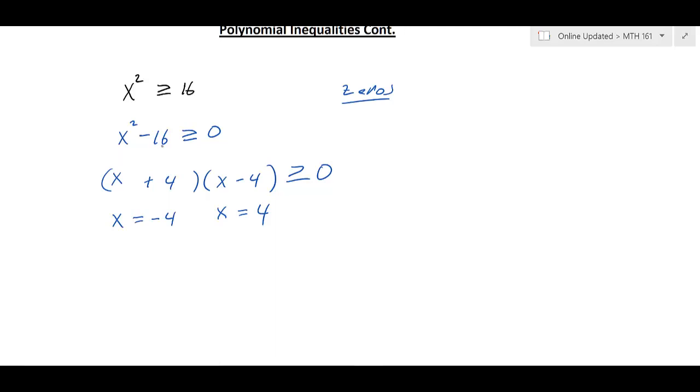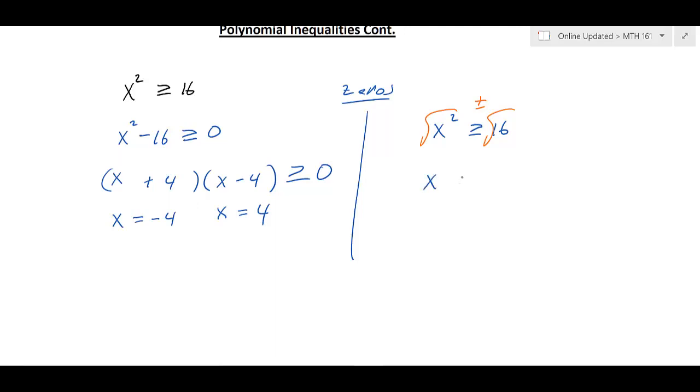All right, another way we could have done this problem to get to the negative 4 and 4 would be to leave it as x squared is greater than or equal to 16. And if you think of this as solving for x, we could simply take the square root of both sides. But remember, when we take the square root, we would have to make that a plus or minus.